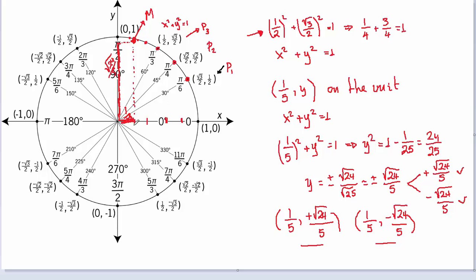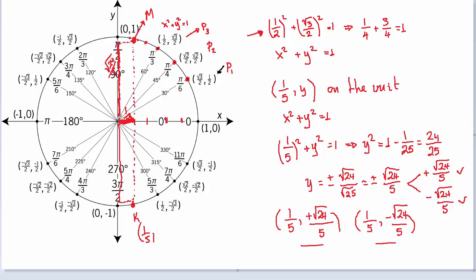Now, there is also another point that corresponds to the x-coordinate equal to 1/5. And the point that we are talking about is this one. Let's call this point K. It is obvious that the x-coordinate of this point K is 1/5. And the y-coordinate that corresponds to this point will be this one.